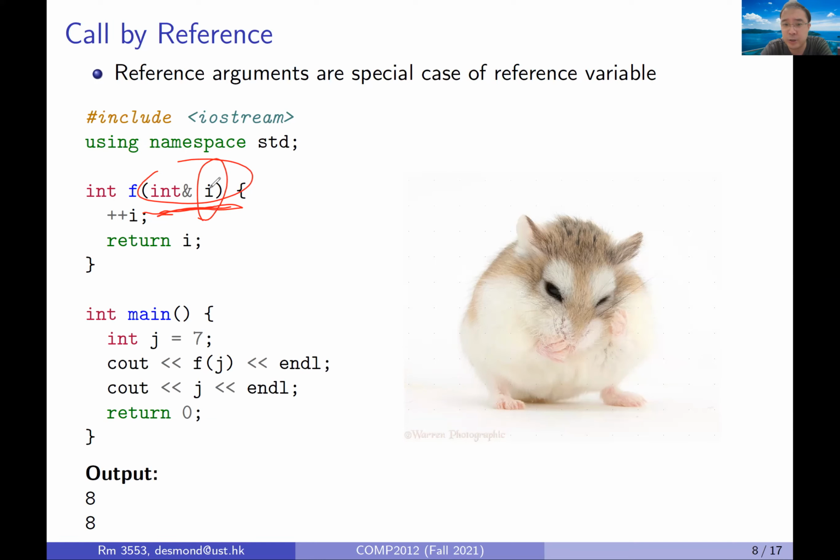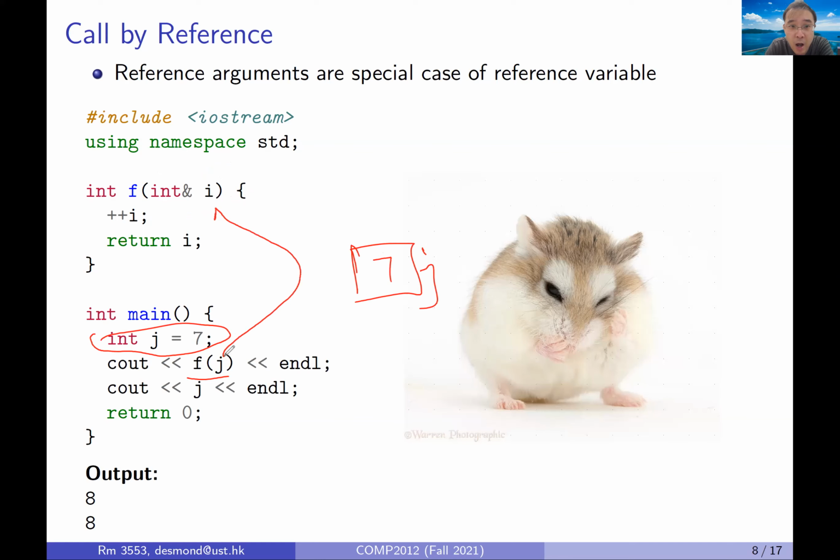Okay, picture. We start from main. Int j equals 7. Then f(j), pass j to I. Do you need to create a new box I? No, no, no. This is nickname.